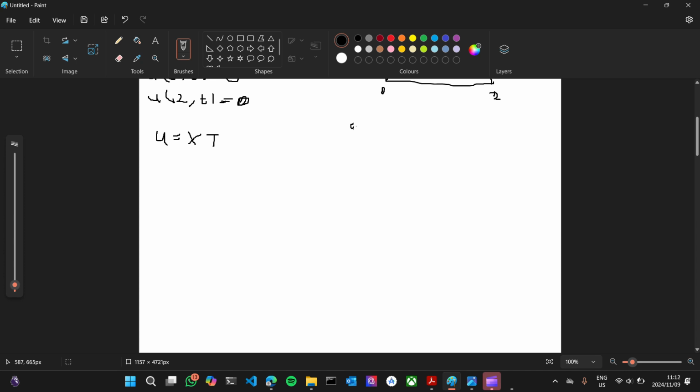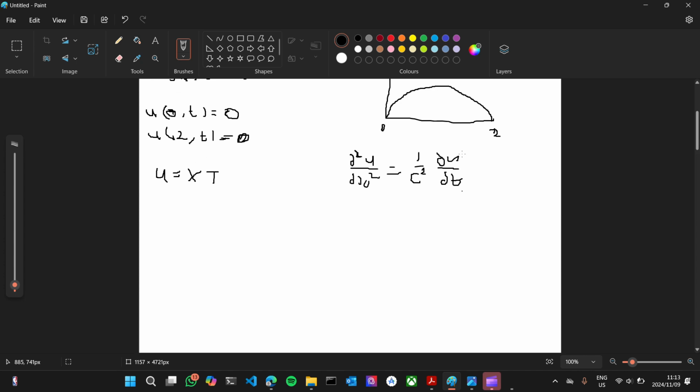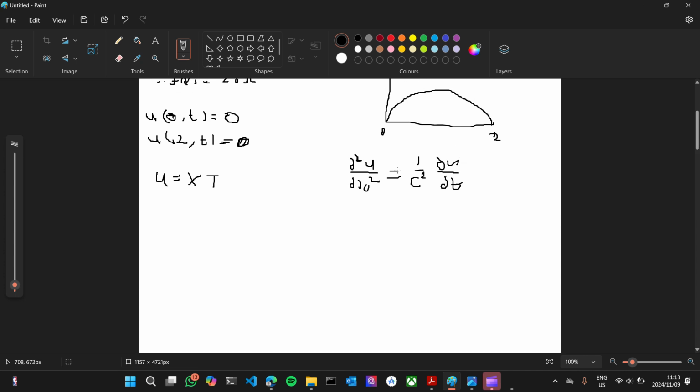The equation for heat is the second partial of u over partial x squared equals 1 over c squared times the partial of u over partial t. So the only difference between the heat equation and the wave equation is that the partial differential with regard to t is a first order differential instead of a second.